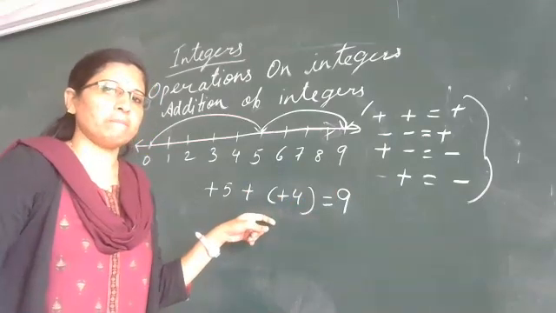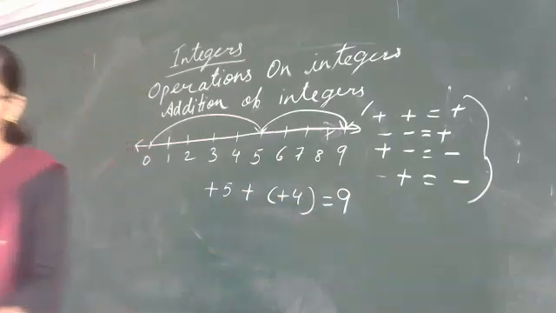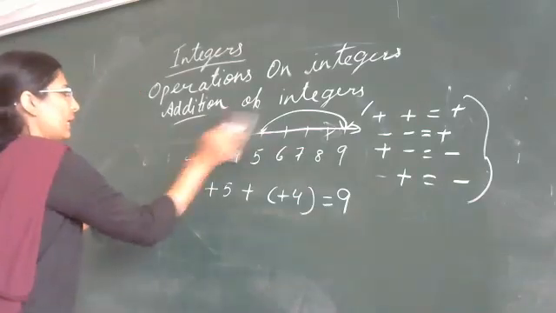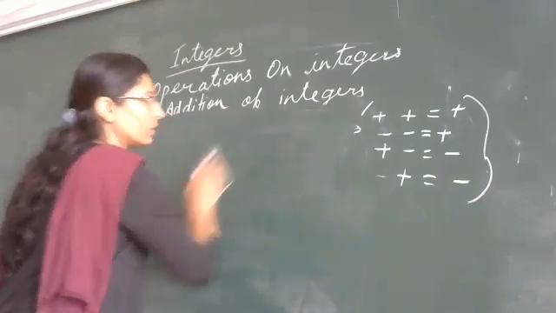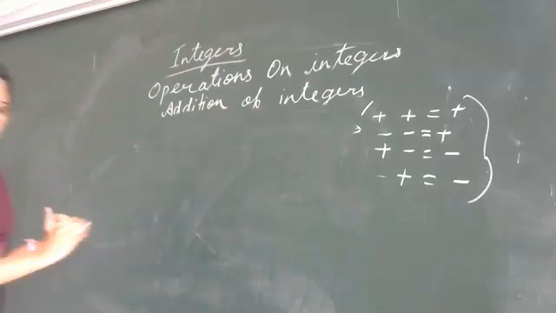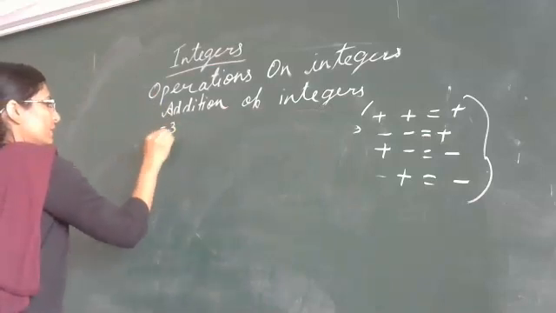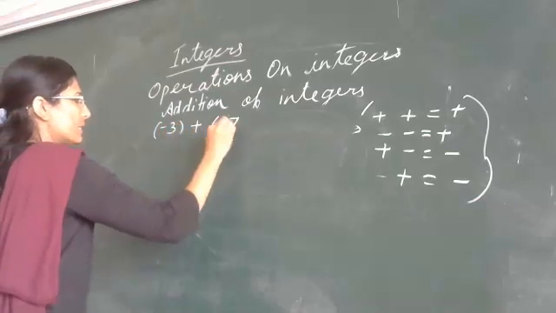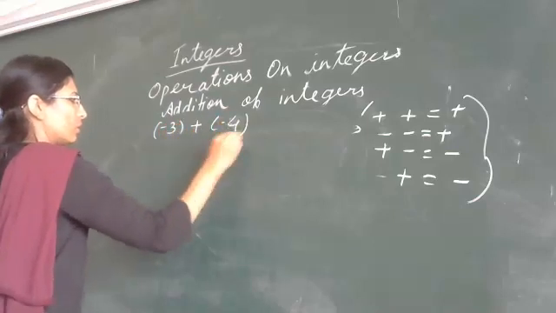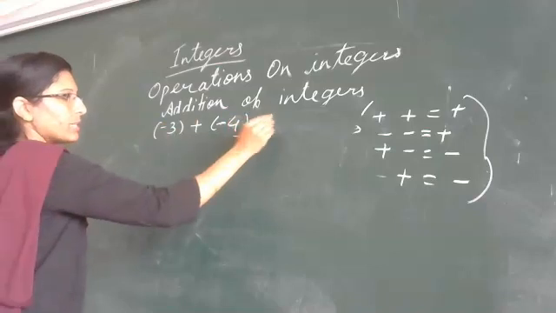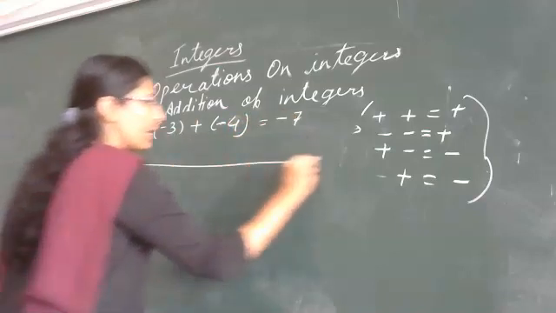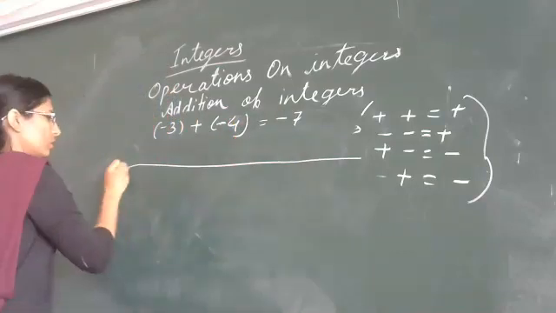Understood? Yes, ma'am. Okay. Now negative numbers we'll see. When both are negative, we'll see how to do it. We'll take one example: minus 3 plus minus 4. So we got the answer as minus 7. We'll see on the number line whether it is correct or wrong.